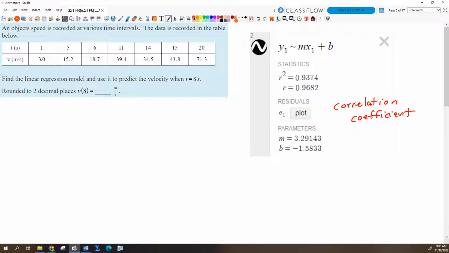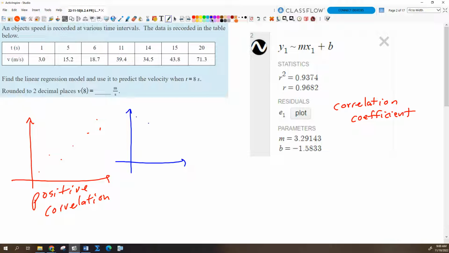And you guys remember talking about correlation? Like if you had a scatter plot and this is your data, if it's doing this kind of thing, so the best fit line has a positive slope, we call that positive correlation. If you have a data plot that looks like this, where the best fit line has a negative slope, that's negative correlation.